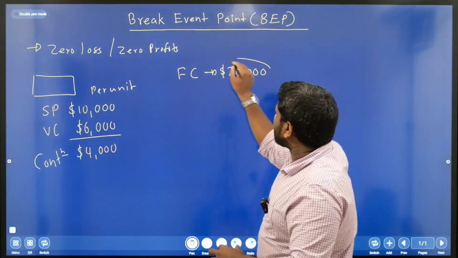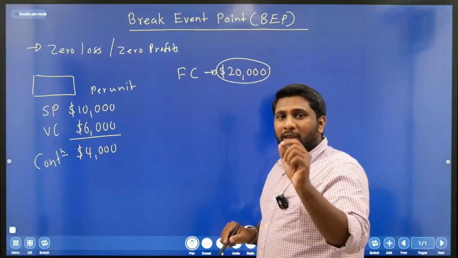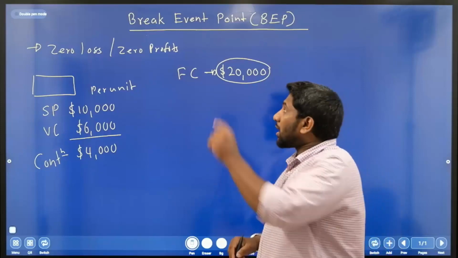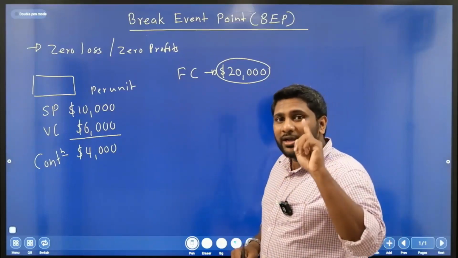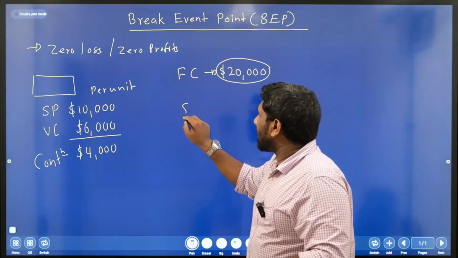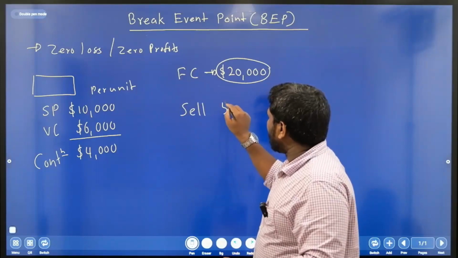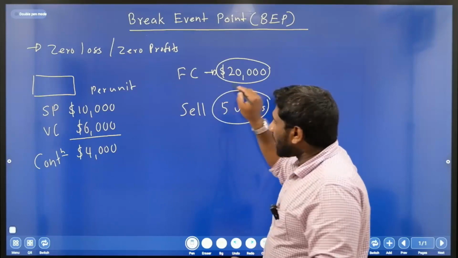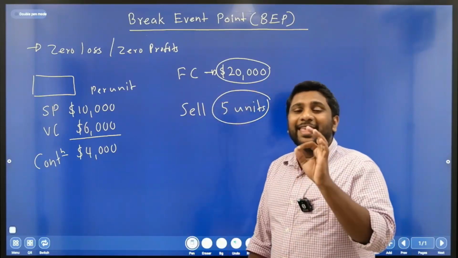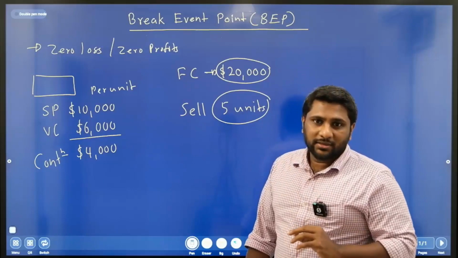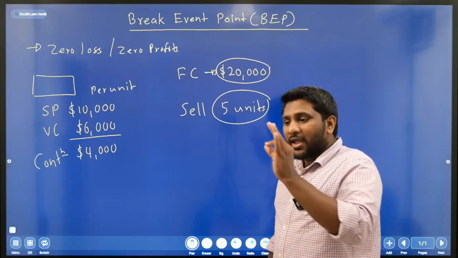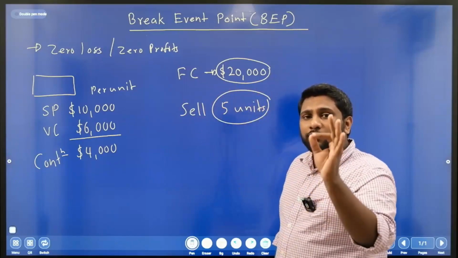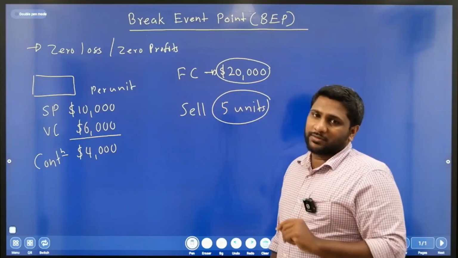To cover this 20,000, with $4,000 from each unit, you should sell 5 units. So this 5 units is what we call the break-even number of units. If you sell 5 units, ideally you should make zero profit or zero loss.